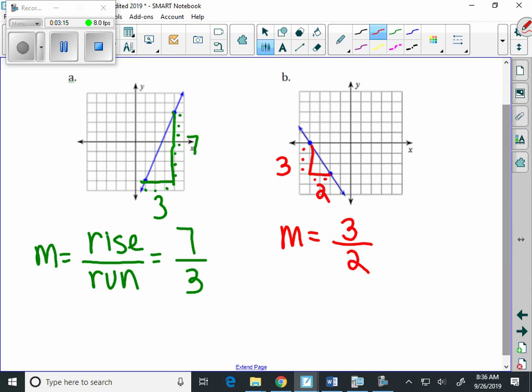Really, what we did is we went down 3 and we went to the right 2. Down 3 means that we're going towards the negative direction. Honestly, the way that I think of this is I draw an arrow there. We're going downhill, and downhill means negative slope.